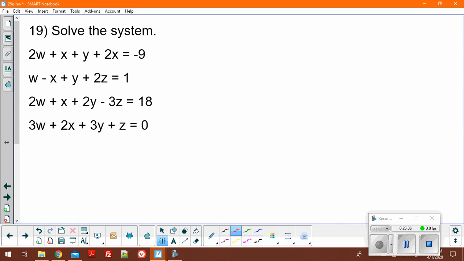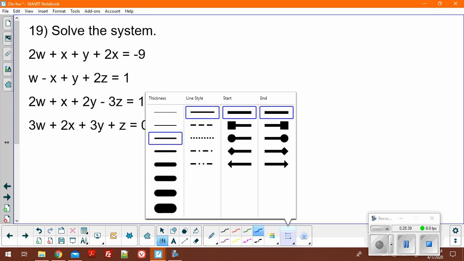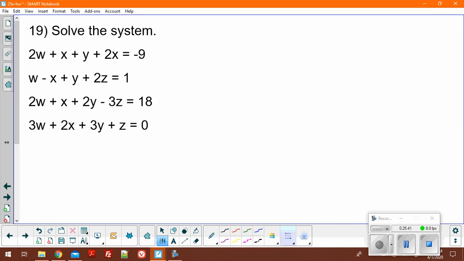4 unknowns. So my first goal is to reduce it to 3 equations with 3 unknowns. So I'm going to take the first equation there. So this is 1, 2, 3, and 4. I need to take pairs so I can reduce it to equations with 3 variables. For example, a nice one is equation 1 and equation 3.